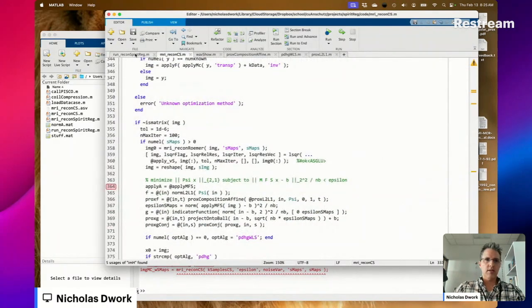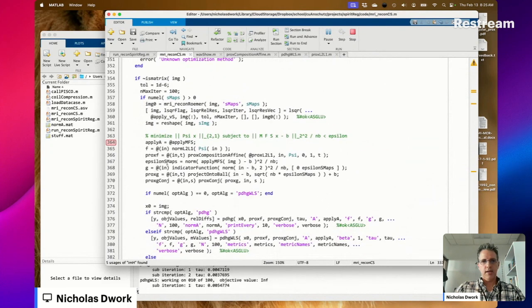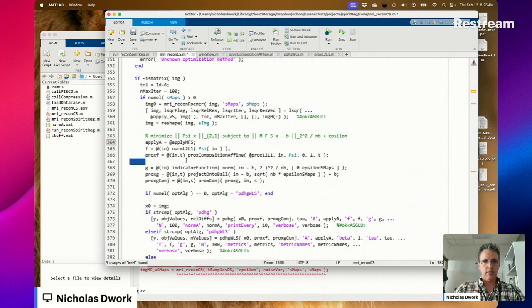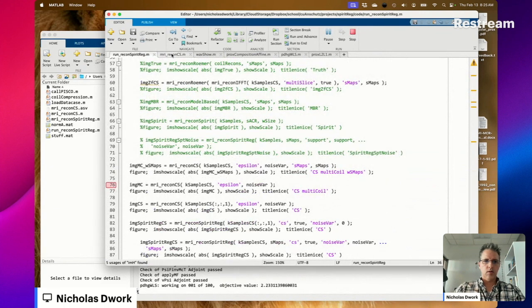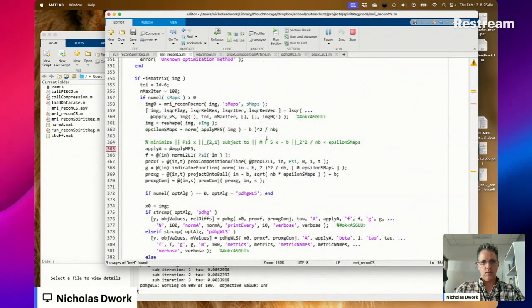Let's find out how much, because all of that's just to find that epsilon S maps, right? How much does that change going from 100 to 200 iterations?